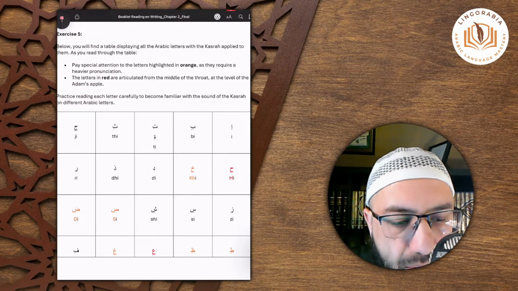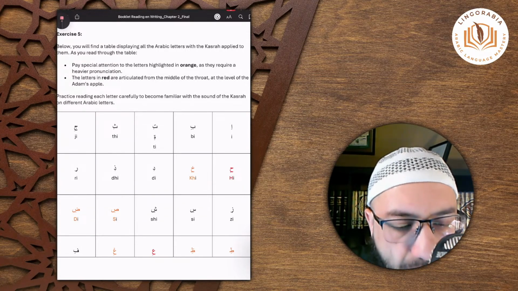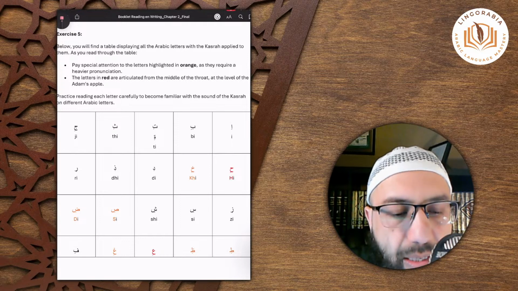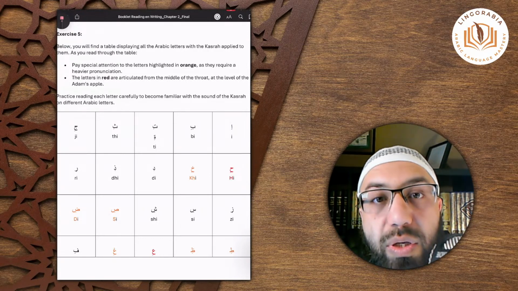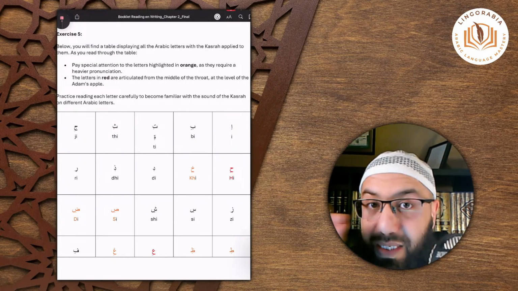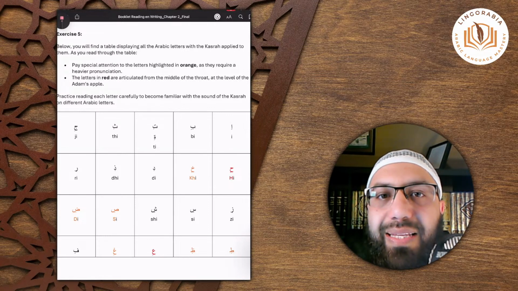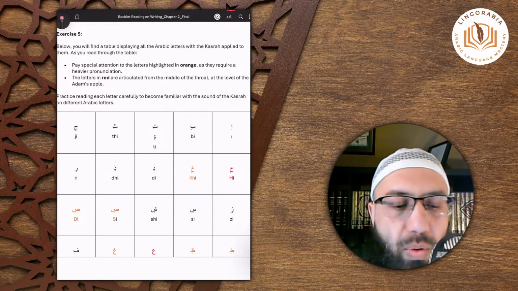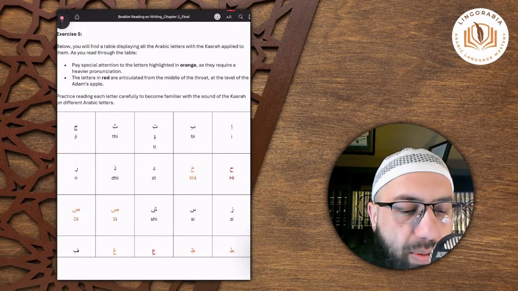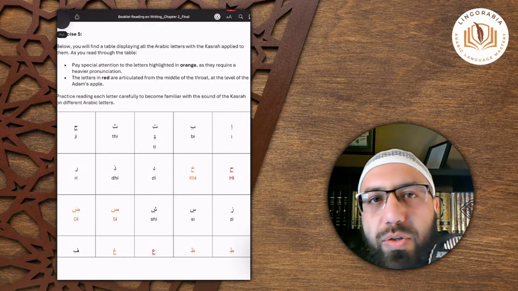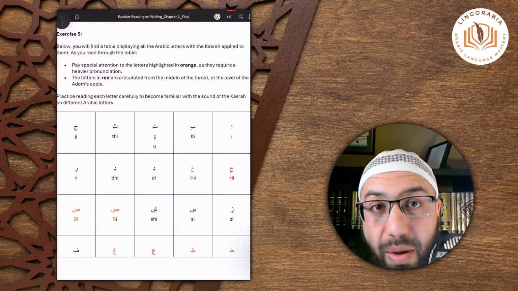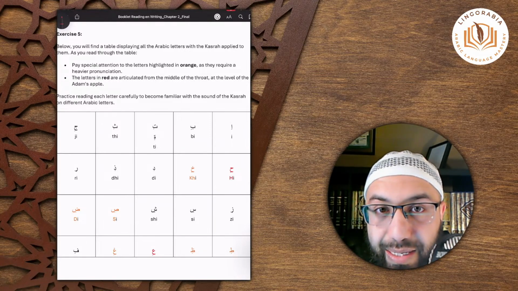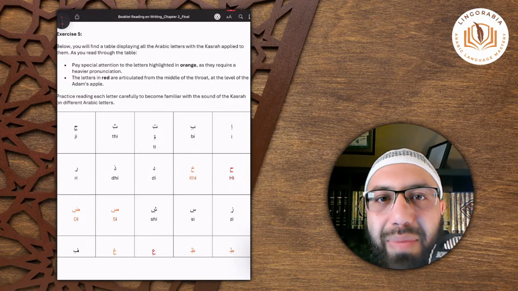Is it because of the little mark? Yes. When these letters, guys, come together with this small stroke beneath, then it gets an E sound. Okay, this is the whole lesson. Very simple, very straightforward. So every time you see an Arabic letter with a stroke beneath it, then it makes an E sound.